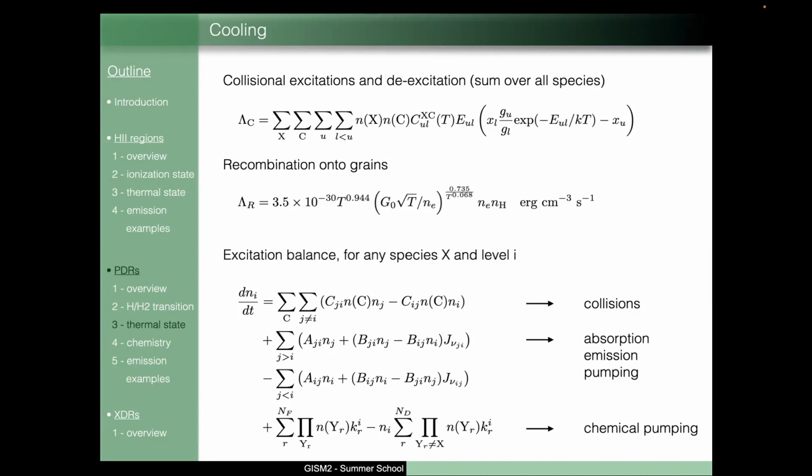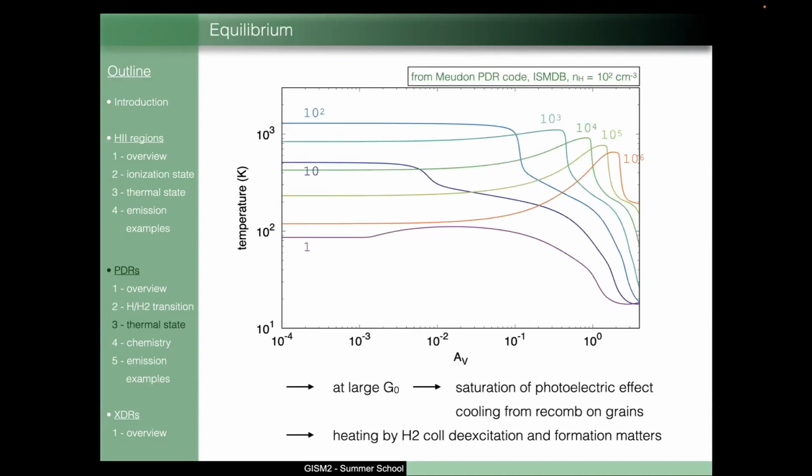So you see that because of H2 pumping by the radiation field, you channel the energy from the radiation field to rovibrational excited states of H2, and this state can de-excite collisionally, and then it heats the gas. So this is what happens in this part of the PDR, and this is why the temperature increases. In fact, it is a very important part of the physics of the photodissociation region.